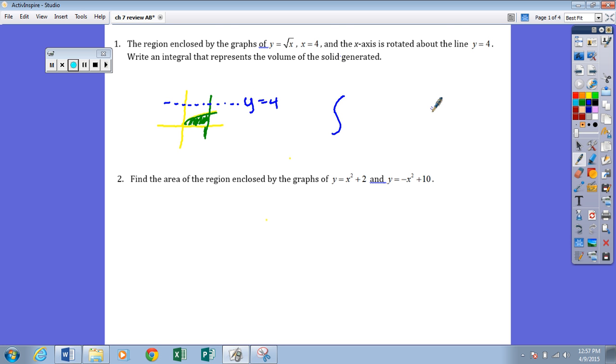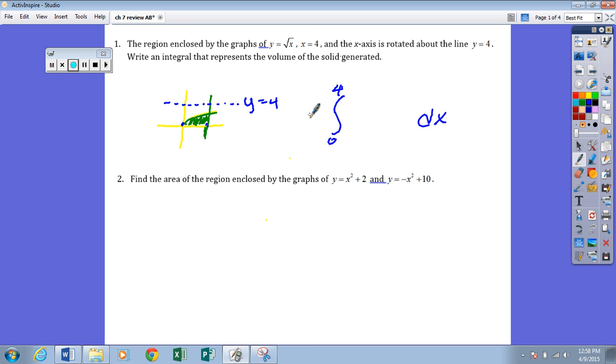I know for sure it's going to be a dx problem, and therefore I need my x bounds. I know it starts at 0, and it stops at x equals 4, which it told me with that line.